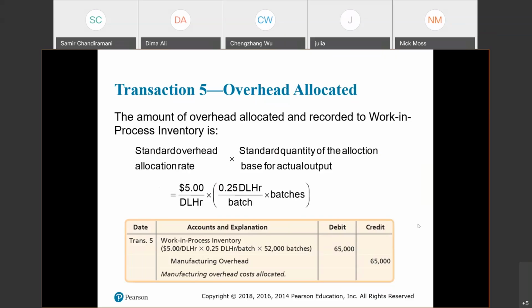For the amounts, it should be standard overhead allocation rate times standard quantity of the allocation base for actual output. We get, in this example, $65,000.